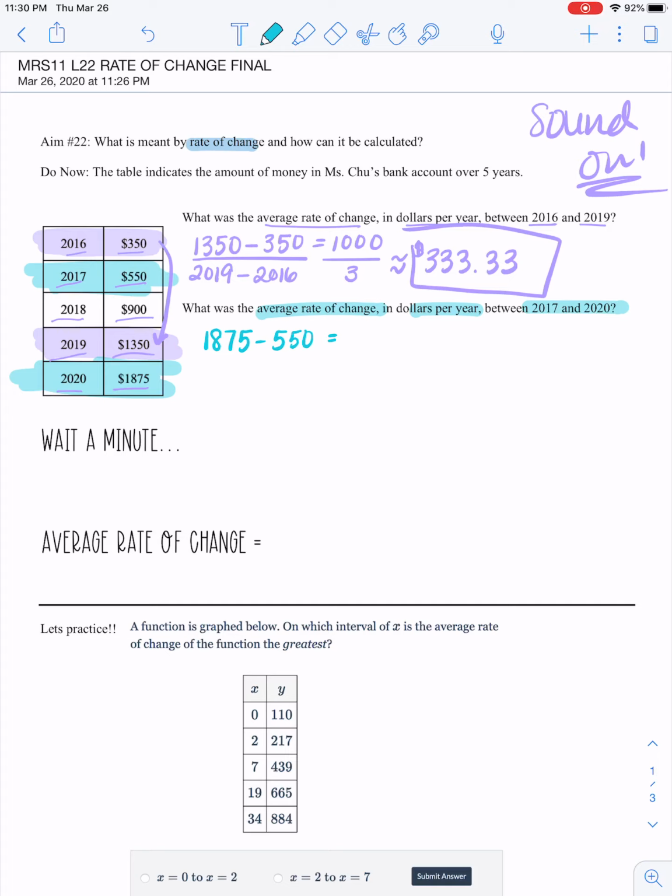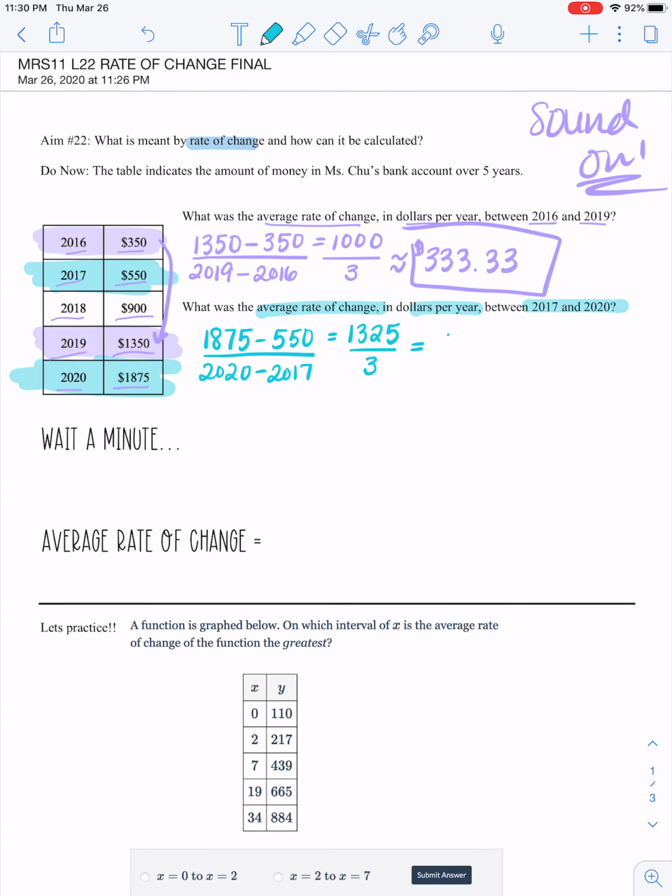Please enter that into your calculator. Alright, we get 1,325. And then we're going to subtract the bottom, the years. So 2020 minus 2017, and you get 3. Please put this into your calculator and help me calculate our average rate of change. We get $441.67.